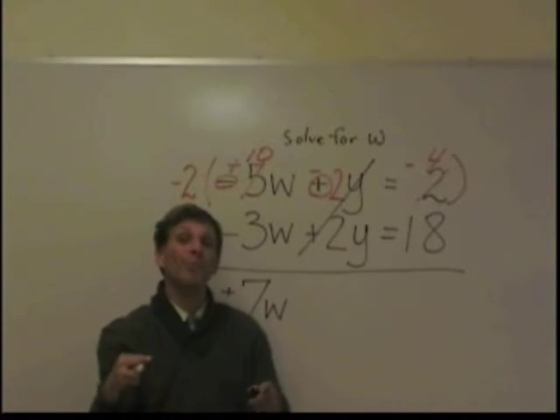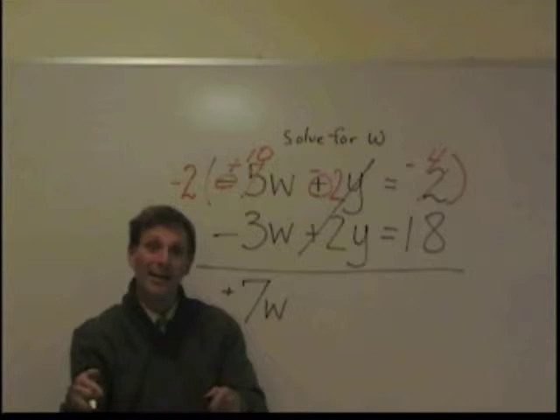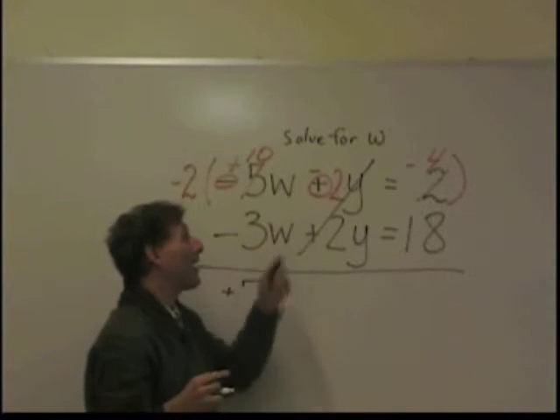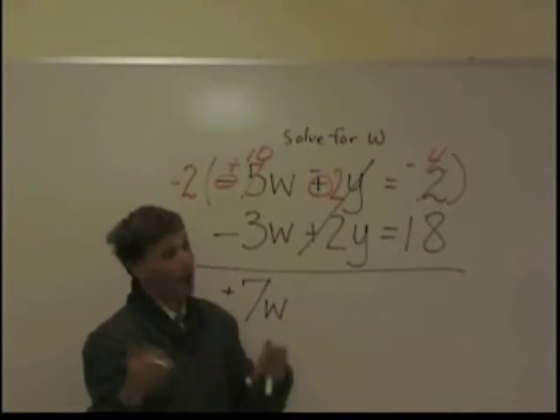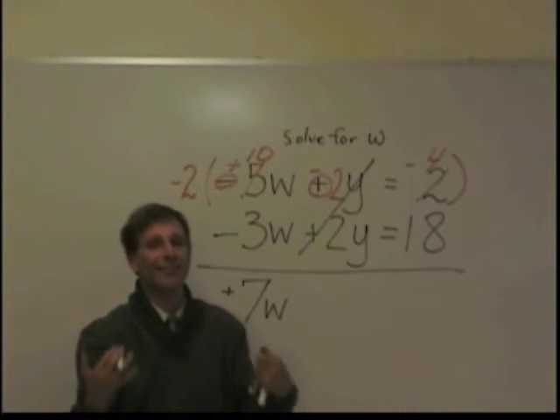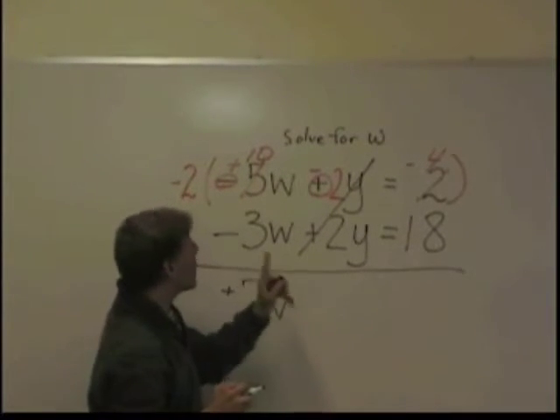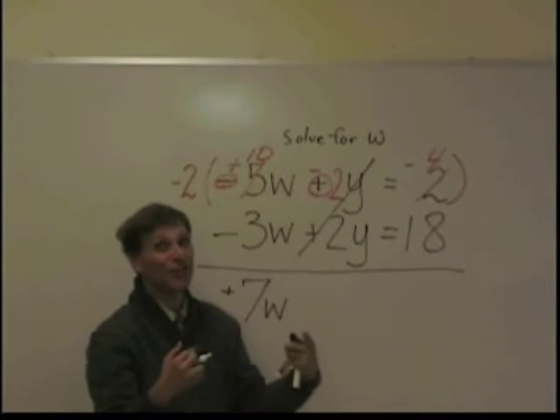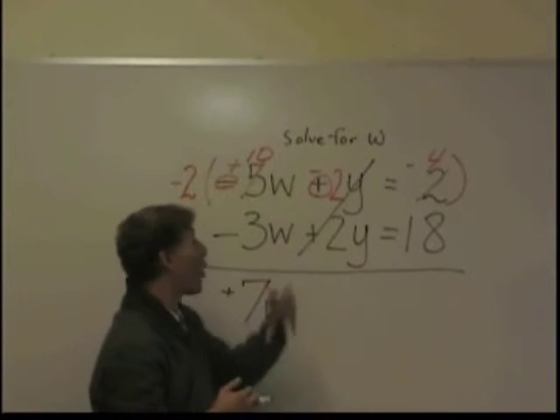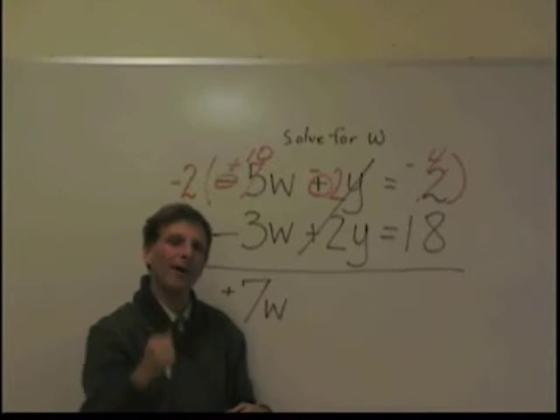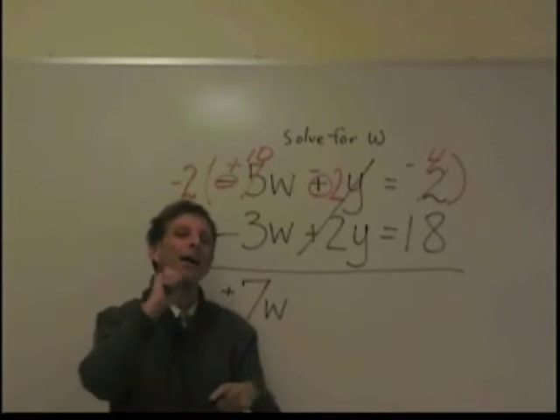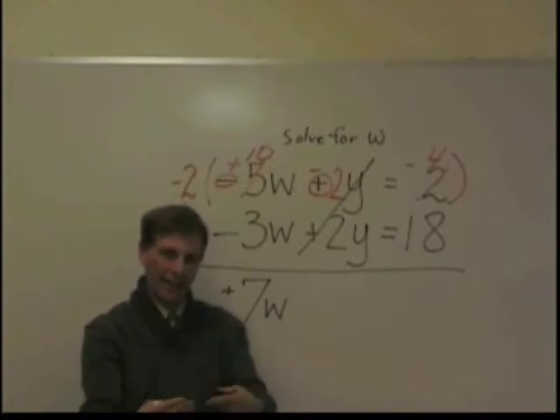So I actually had to multiply by a negative number because both of the y's that I was looking to cancel out were positive, because I was solving for w, so I needed to cancel out the y. I had to switch the signs of the smaller one, so in addition to multiplying by 2, I had to multiply by -2.